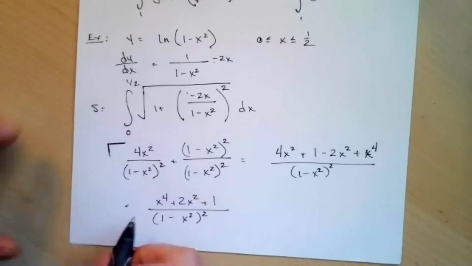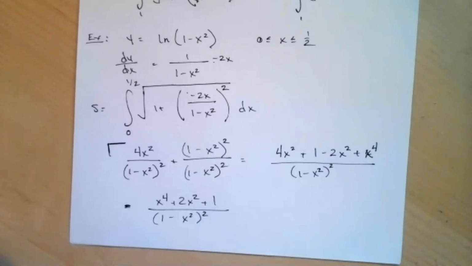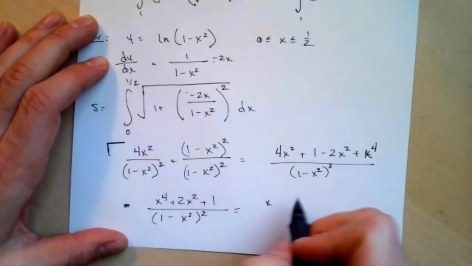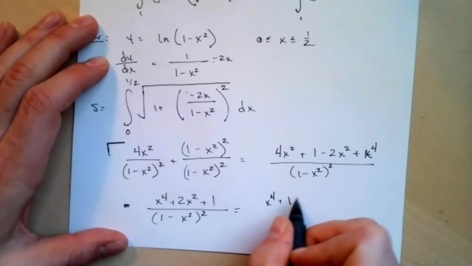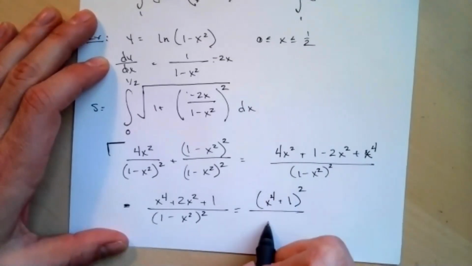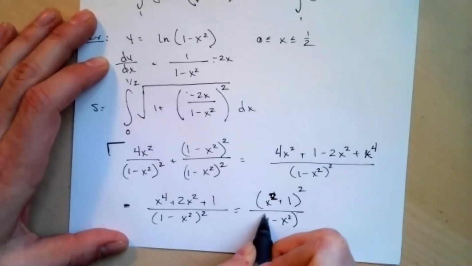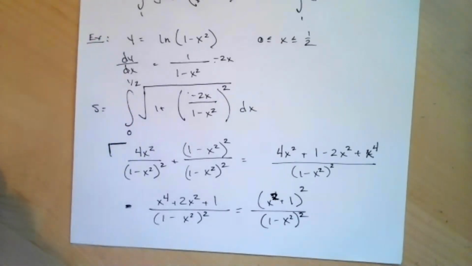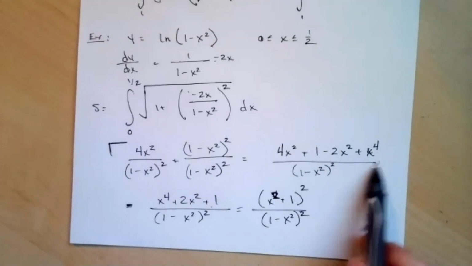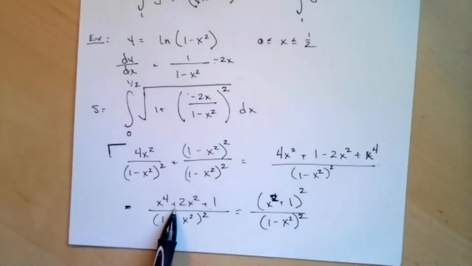And now we want to be able to simplify this. If this was underneath a square root, we should be able to still integrate it. And at the moment, it doesn't quite look integrable. So you have to recognize that the numerator was cooked up in such a way that it is just x squared plus 1, quantity squared. So essentially those same terms that we got when we expanded that square out, except we're changing the sign on the middle term. So it'll give us that plus.